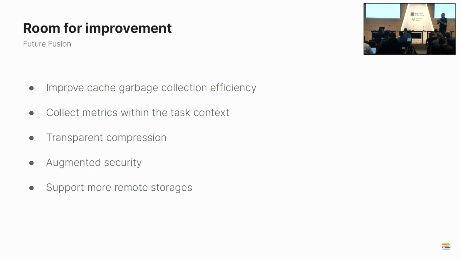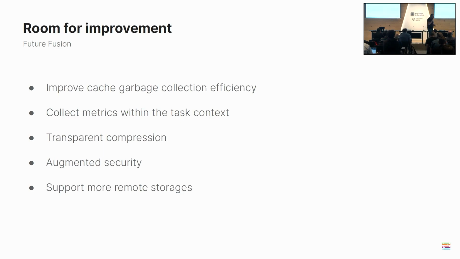It will be very nice because you will get these metrics in the context of your pipeline. So that will be very interesting. We can also transparently compress files that we know are intermediate files, which at the end of the whole run of the pipeline we are not going to need, so we can compress all these files on the fly.